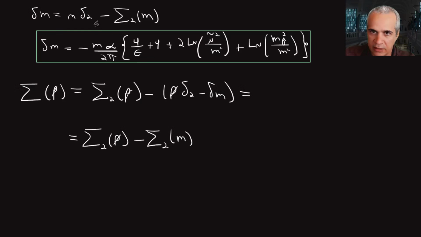And there's another piece coming from the combination of m delta 2 that appears here and p slash delta 2. So I can write these as minus p slash minus m times delta 2, right?